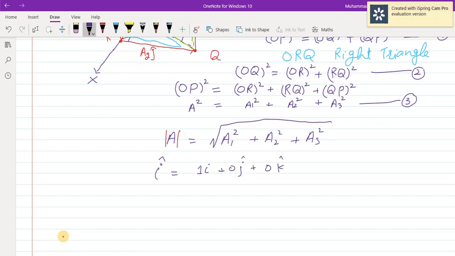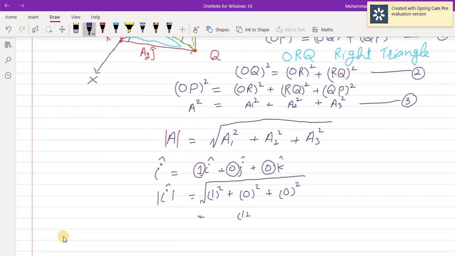As we know that i unit vector is equal to 1 i unit vector plus 0 j unit vector plus 0 k unit vector. To find its magnitude of i unit vector is equal to square root of 1 square plus square of 0 plus square of 0, because this 1 is A1, this 0 is A2 and this 0 is A3.